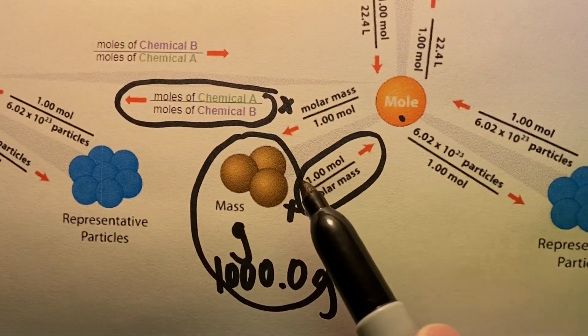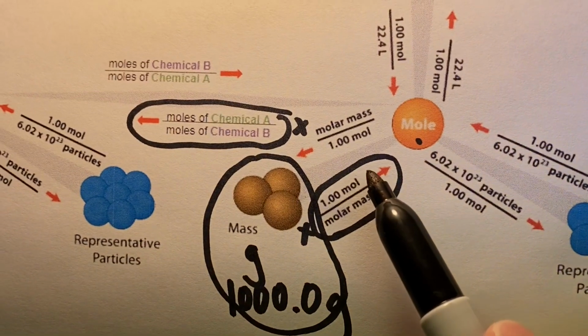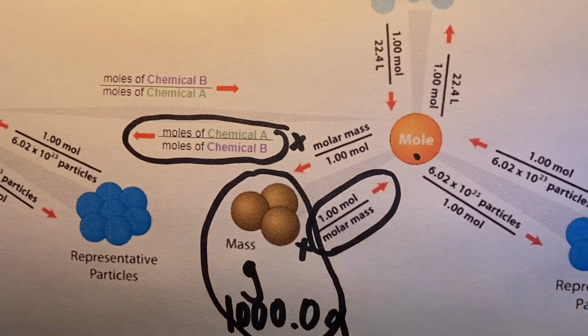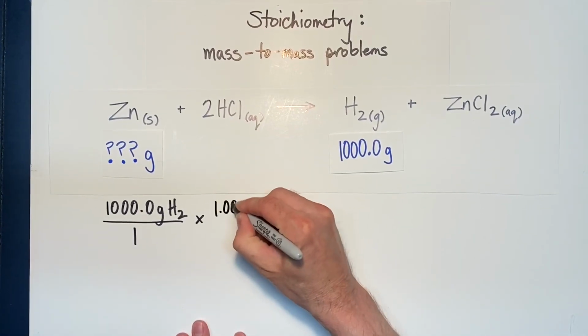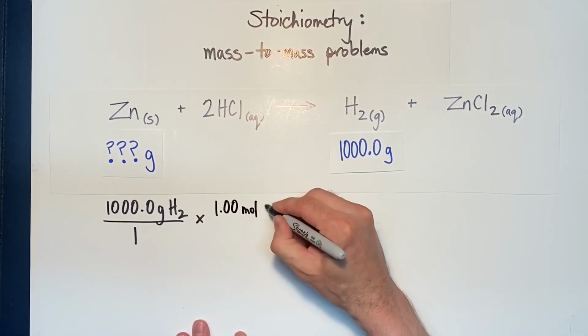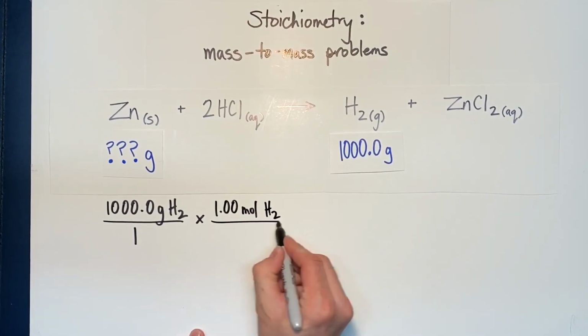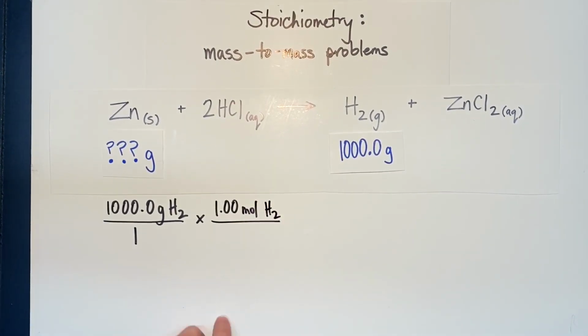I'm going to write 1.00 moles of hydrogen gas on top, and on the bottom I need the molar mass of hydrogen gas.